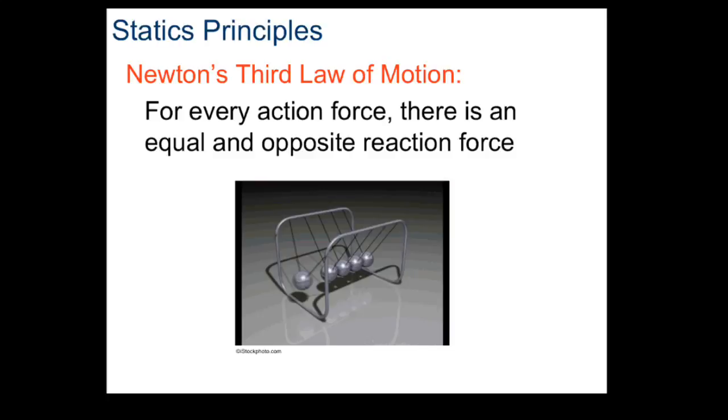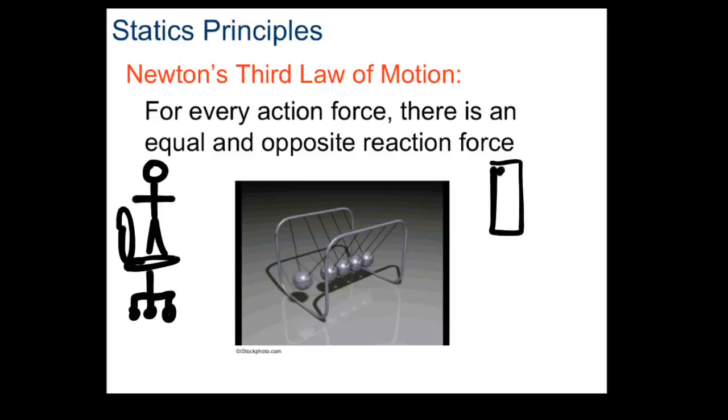So my 7th grade science teacher, when he showed us this, he would get somebody to stand on a roller chair, and he would say, okay, so for every action, there's an equal and opposite reaction. He had a kid stand on the chair, and then he would hold out a $20 bill, maybe 4 feet away, and say, all right, if you want this $20 bill, I'll let you have it if you can jump off the chair and grab it.